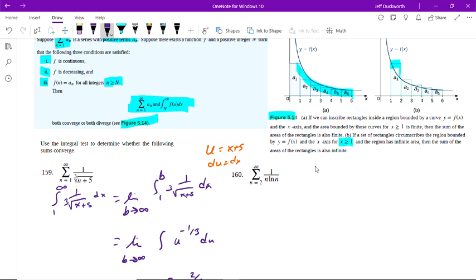So again, we're going to try to take a limit. So there's our integral of 1 over x ln of x, changing the n's to x's. Now that's going to be the limit as some b goes to infinity. We start at 2 because this is where we start here. So there's an issue.